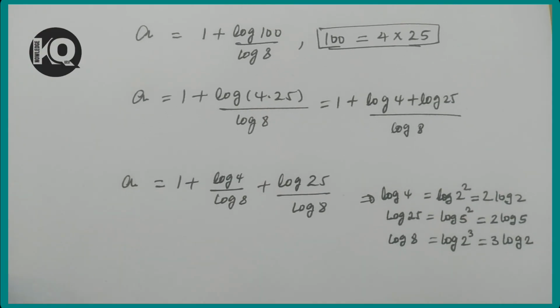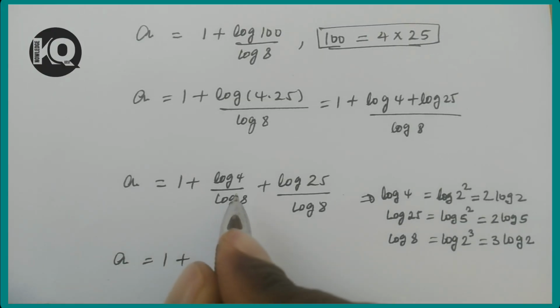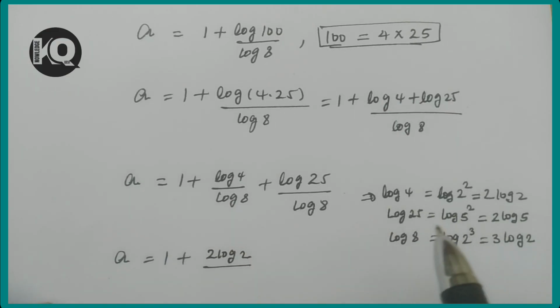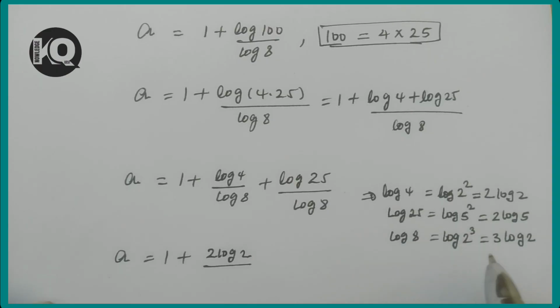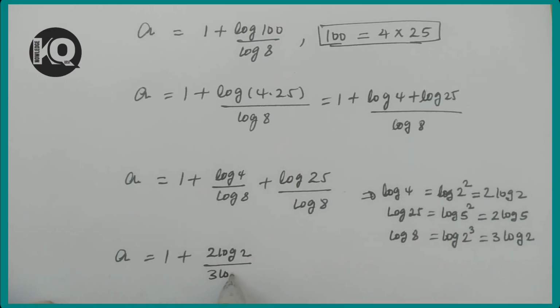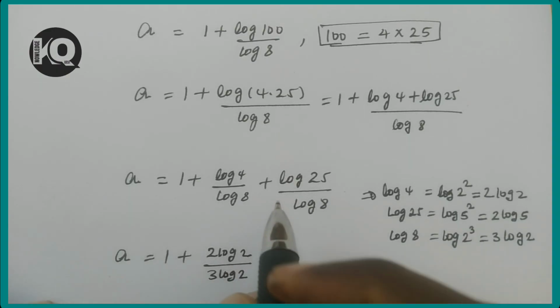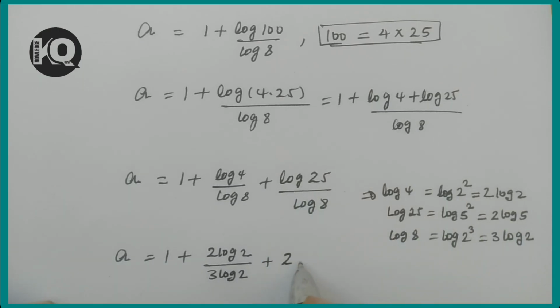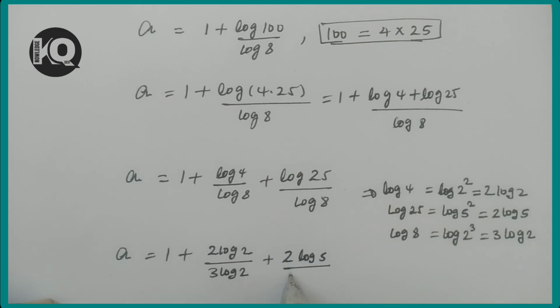Now let's substitute these values into the equation. It will be 1 plus 2 times log of 2 divided by 3 times log of 2 plus 2 times log of 5 divided by 3 times log of 2.